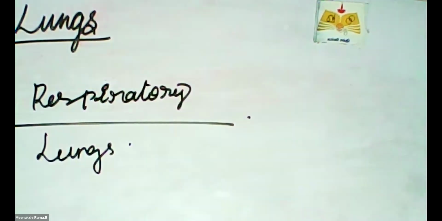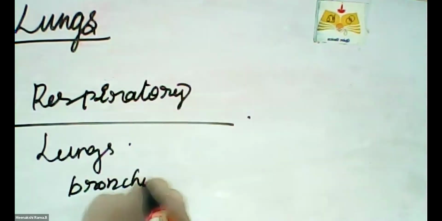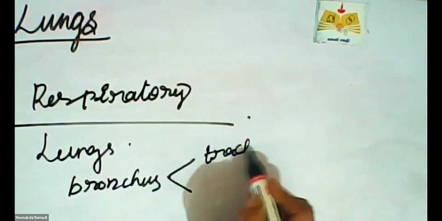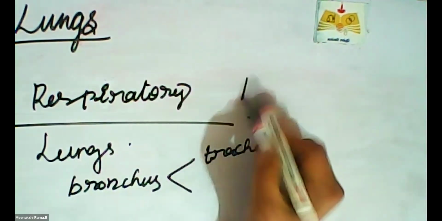The airway consists of the bronchus, which is divided into two parts, the trachea part, and then further divided into bronchioles and alveoli.